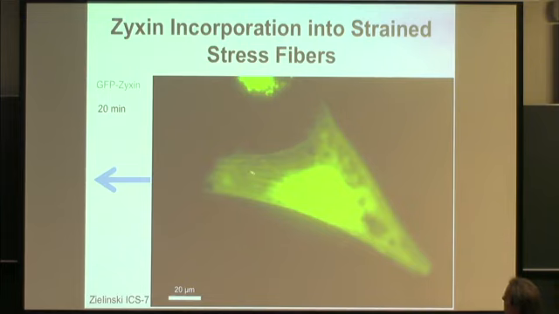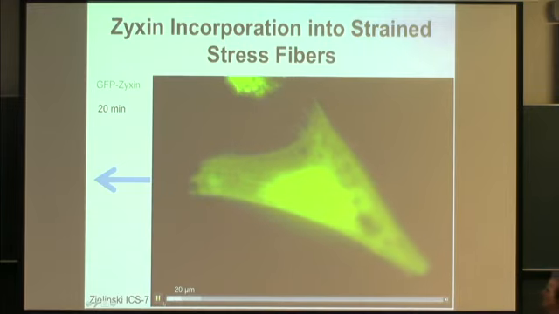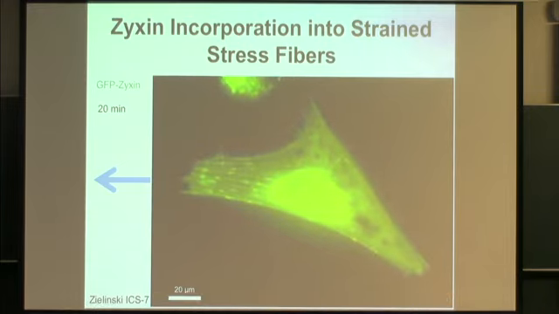And before straining, in this state, stress fibers are homogeneously decorated. And now watch what happens once Alexander pulls. Immediately you get these foci in zyxin. It's boff, it's just there.